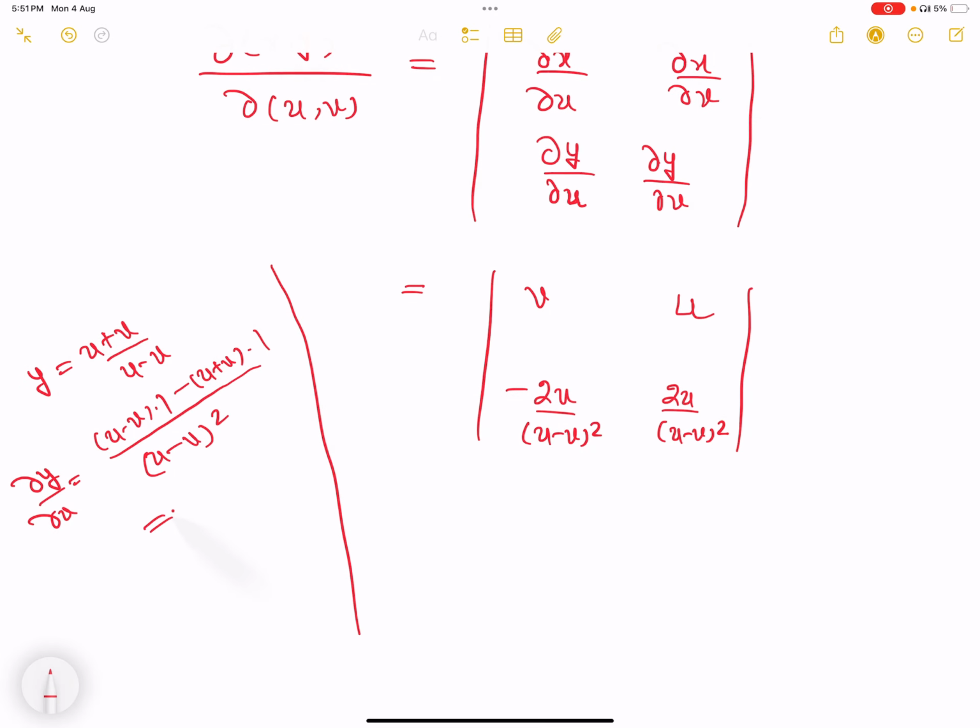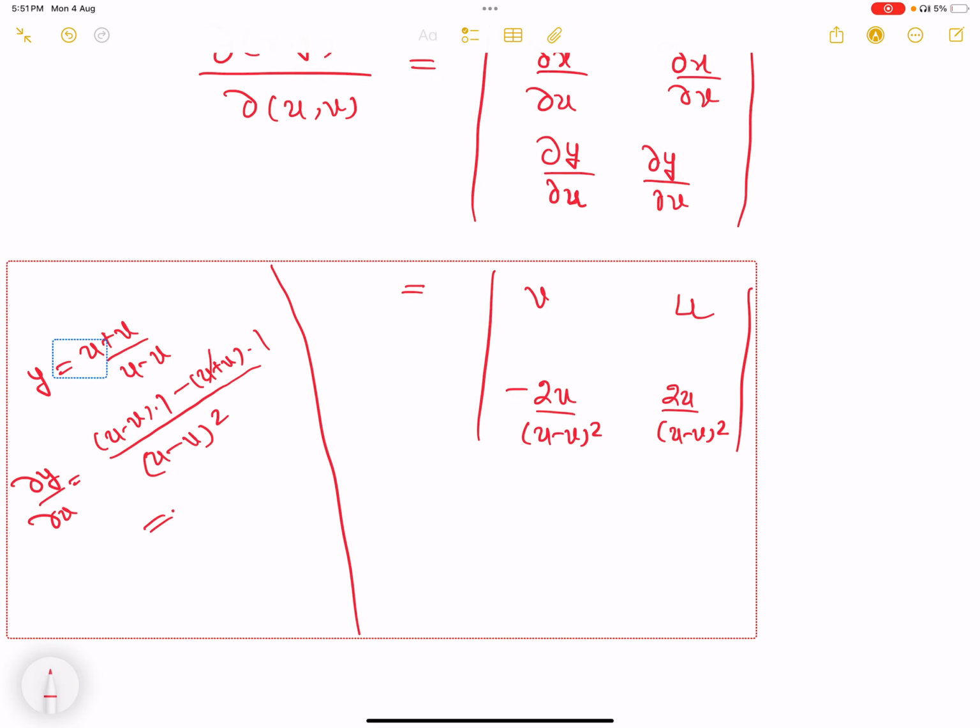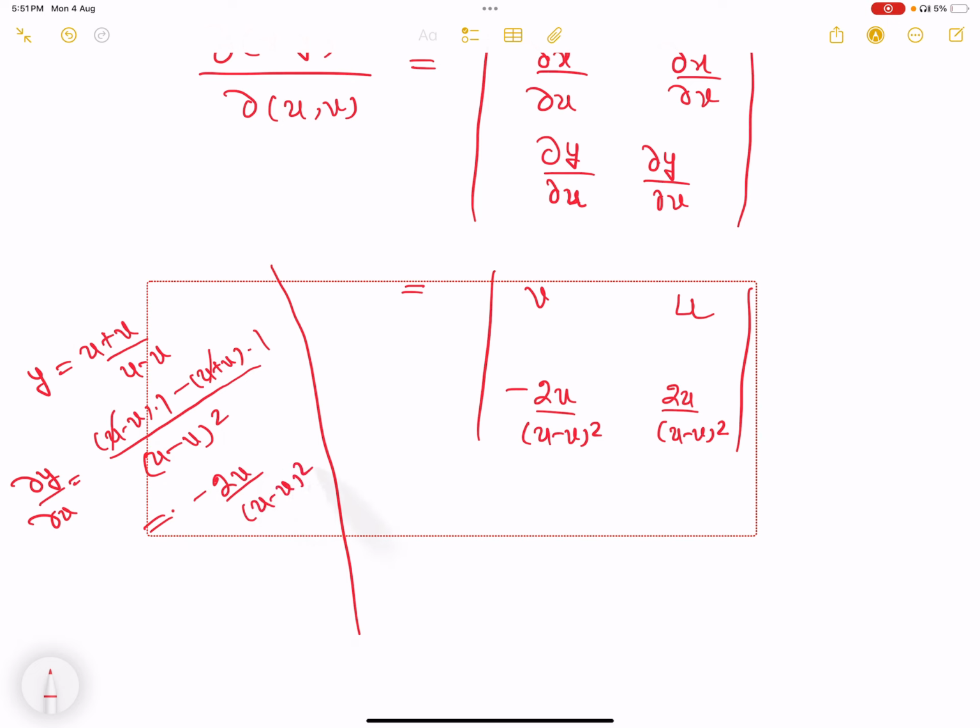So what is this after solving? u will cancel out, so minus 2v upon (u minus v) whole square.